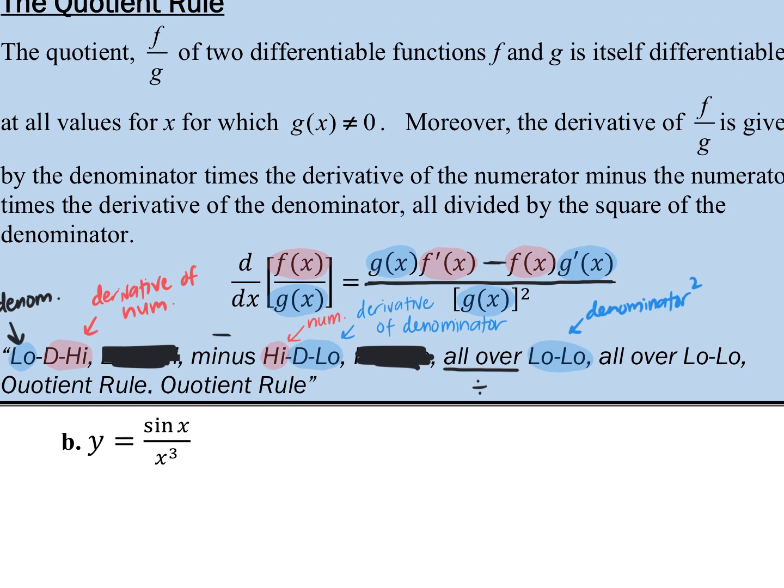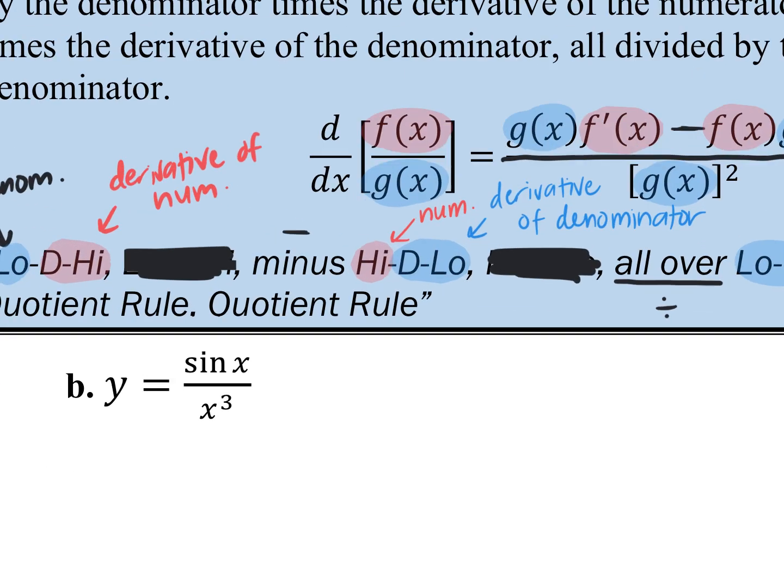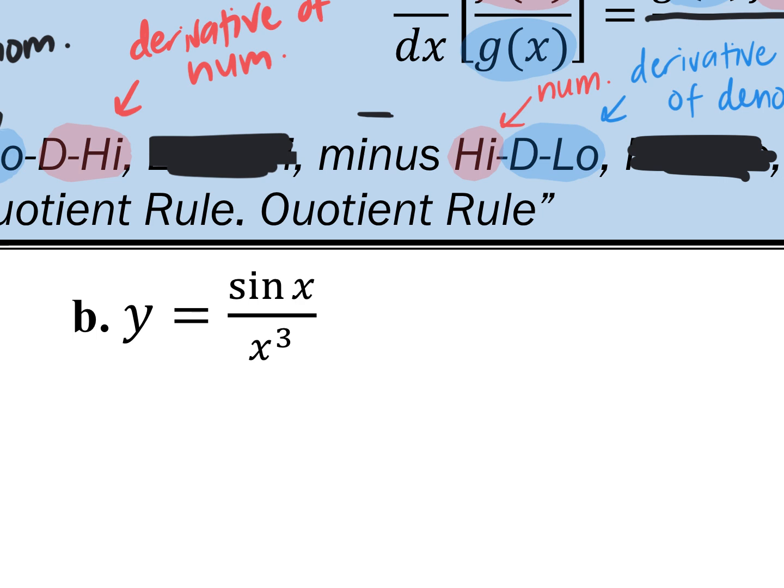Let's look at this in play here. How does this work? Okay? I'm going to start with example B, and I'm going to have you guys try out example A in a minute. I'm going to color code my stuff. My numerator, I chose red. My denominator, I chose blue. So my derivative of this function is low, which is x cubed, D high, which is the derivative of sine of x, which is cosine of x, minus high, which is my numerator, d low, which is the derivative of the denominator.